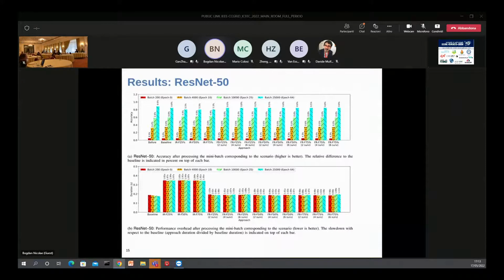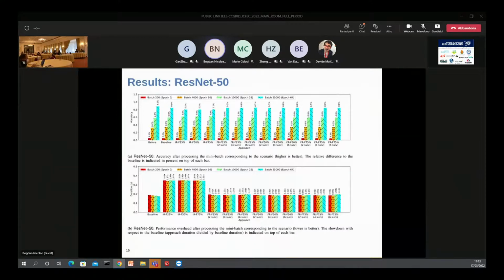And in the case of forward recovery, in addition to these percentages, we also have a variable number of survivors, 2, 4, and 6, that we study. And as you can see, the deviation of accuracy from the baseline is very small.